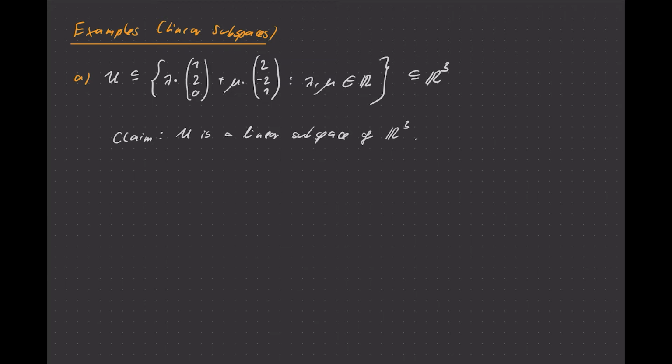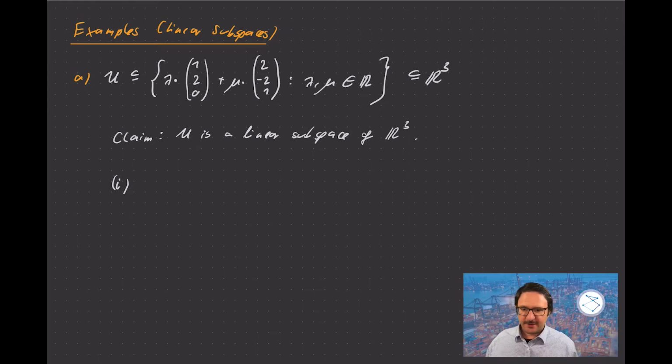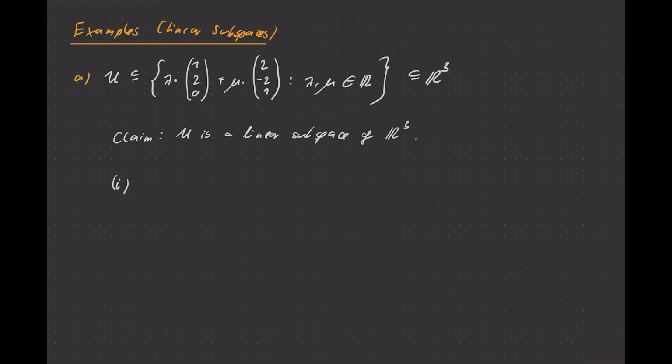Now to see that, we need to go through all three properties of our theorem. Let's first check whether that set is empty, and to do that we usually check whether it contains the 0 vector, because even if it's not empty, if it does not contain the 0 vector, it cannot be a linear subspace. In this case, that's easy to see.